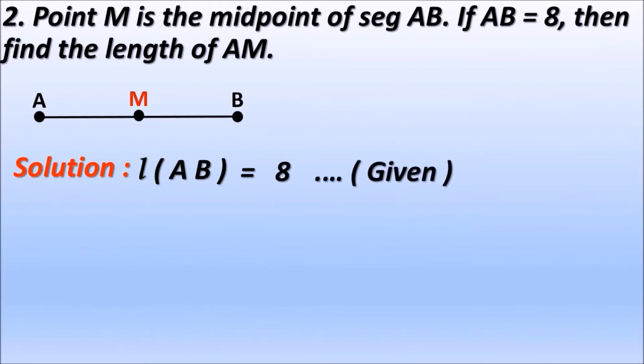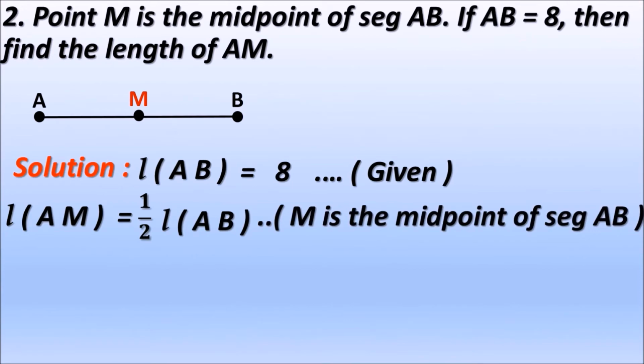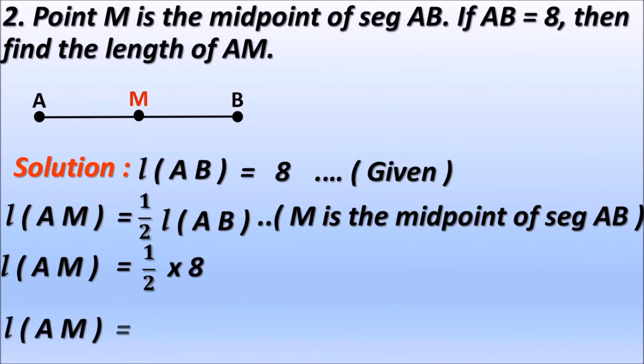We are asked to find AM, and you know that AM will be half of AB, because M is the midpoint of segment AB. Therefore length AM equals half into 8. What is half of 8? 4. So length AM equals 4 if AB equals 8.